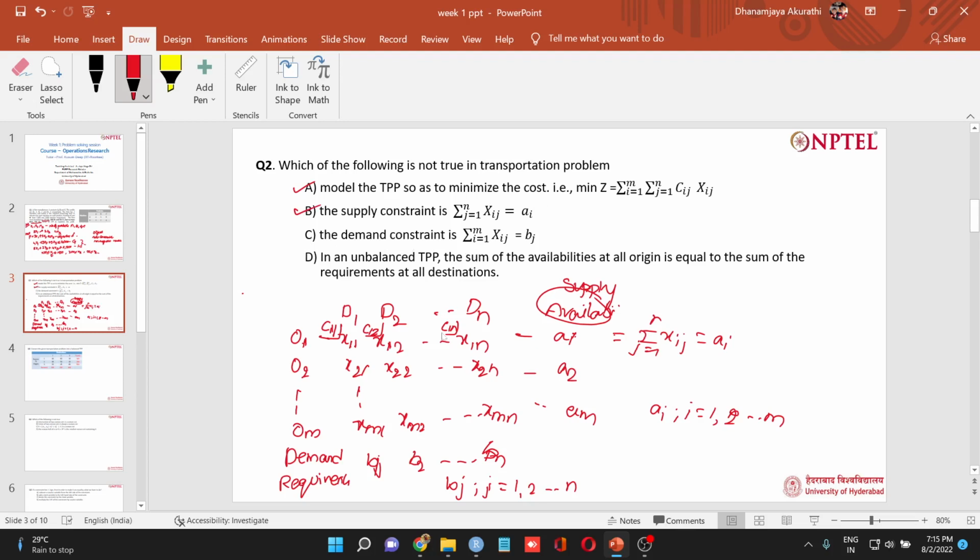And the demand constraint is to sum these up, that is summation i equal to 1 to m of xij is equal to bj. This is the demand constraint.